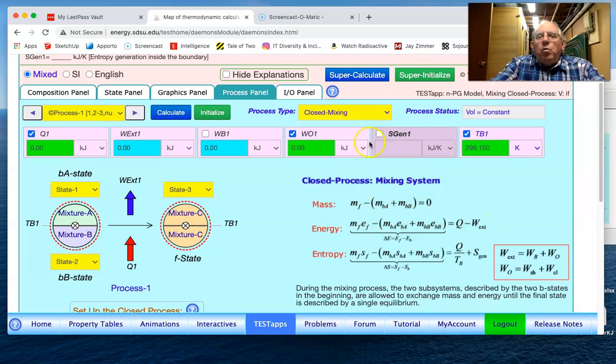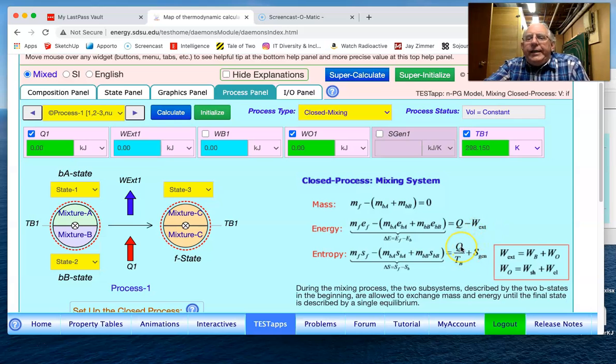And now the final temperature and pressure will be determined by the stored energy values and the masses of each of those, and that's equal to, in our case, 0. So basically, conservation of energy.